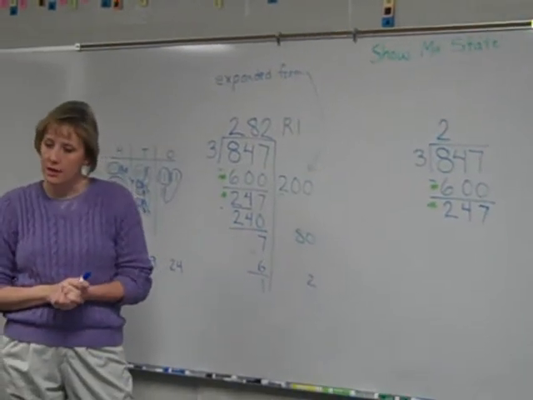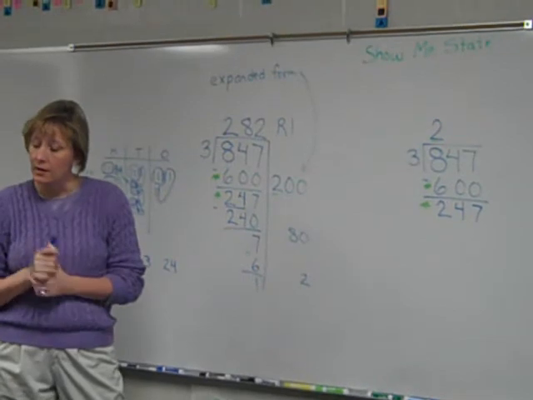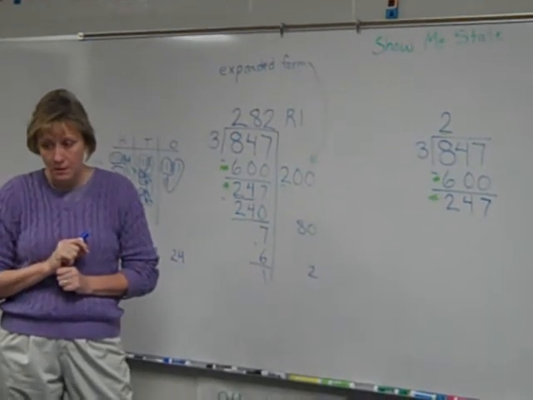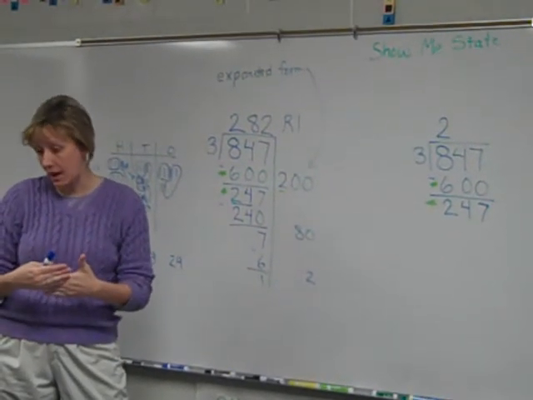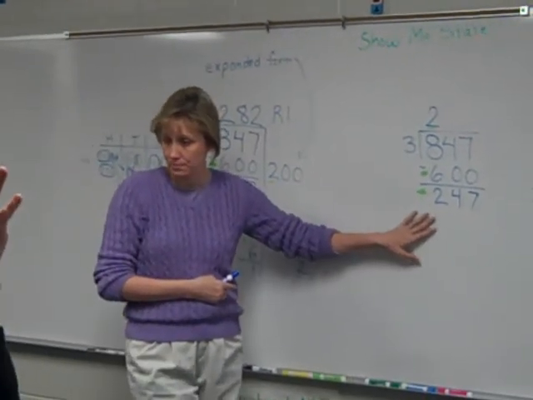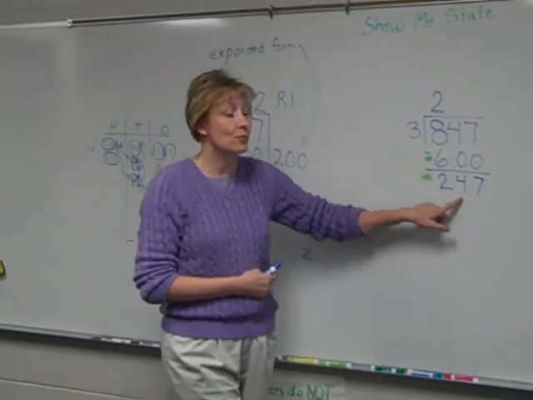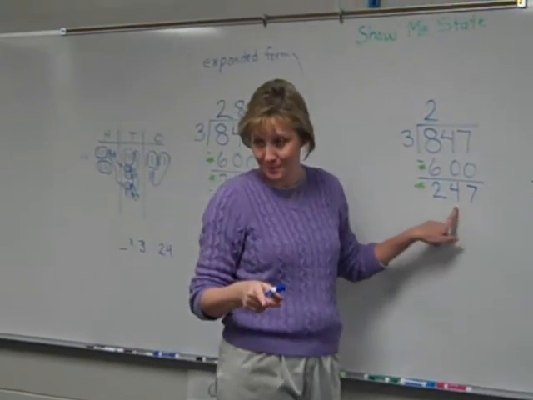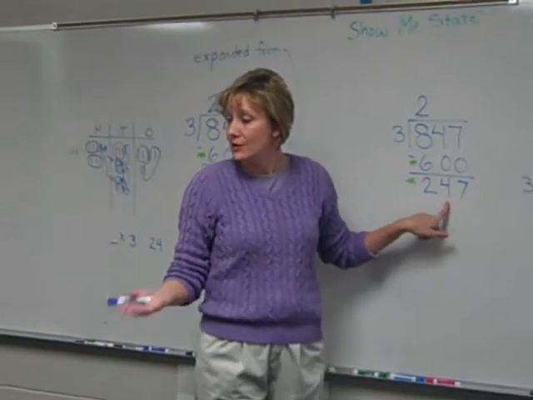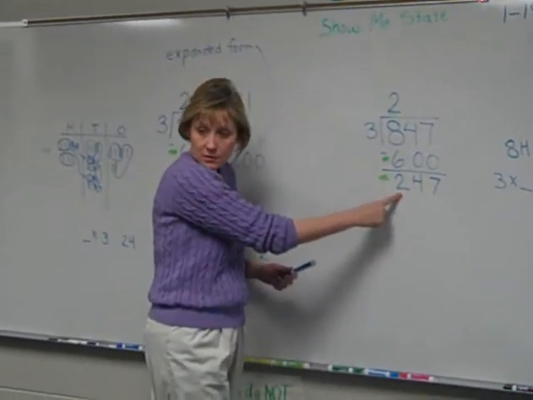What place do I need to work in next? The tens place. Now here's where it sometimes gets tricky. I need to know how many tens I have. How many tens do I have in this number? 40. Nope. 4. There's a 4 in the tens place. But remember, I'm done with the hundreds place, so I can't forget about these, okay?